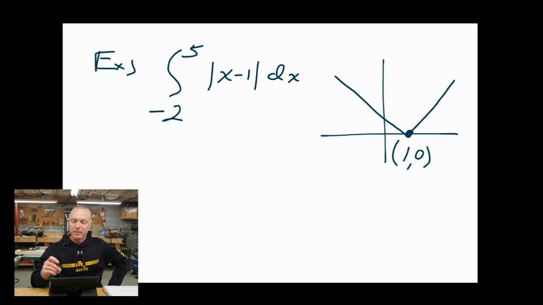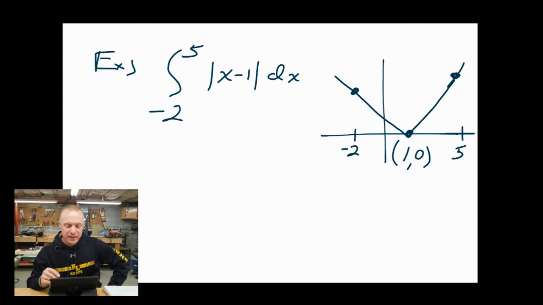The other reason I like talking about this one a little more without a calculator is because we can continue to analyze for the important parts of this graph. That is, we can continue to analyze for the x values of -2 to 5, and of course the corresponding y values. If you just plug in -2, you're going to get -2, 3. And if you plug in 5, you're going to get 5, 4.